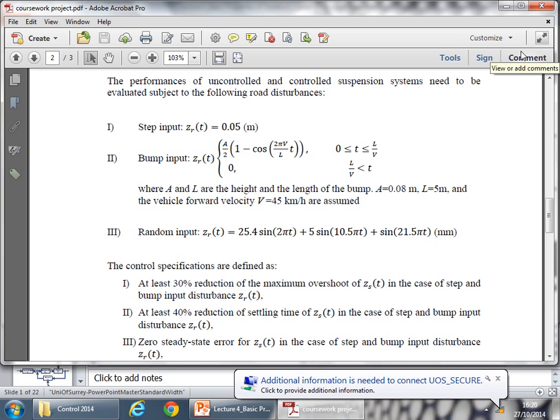I don't expect any of the reports to be the same, because this is a design project, and my expectation is that everybody has their own justification for the construction. But I don't mind if you prefer to work together as a group or work individually. It's totally up to you.